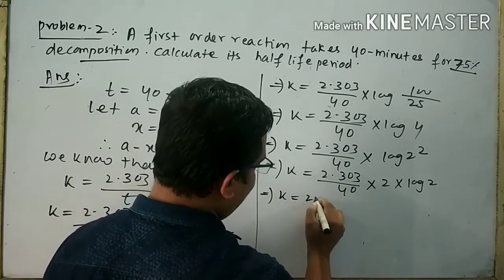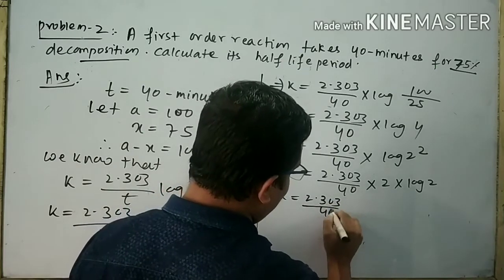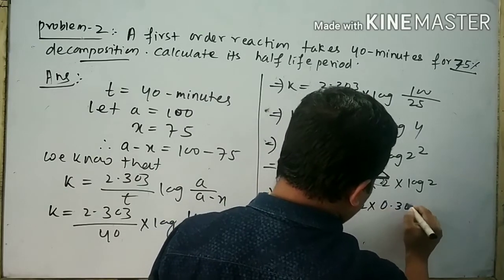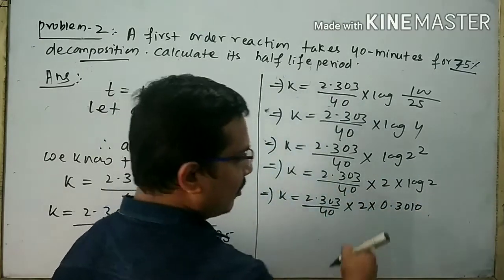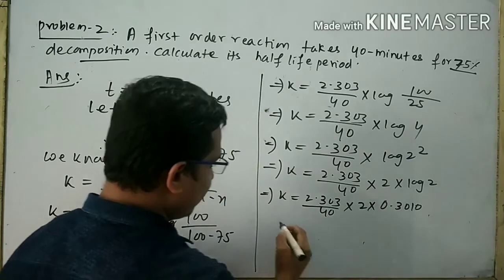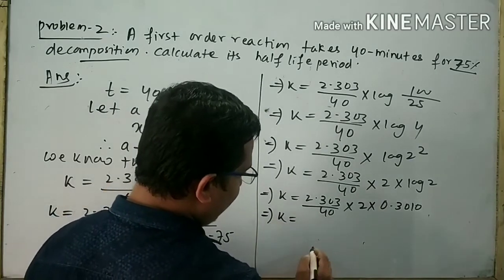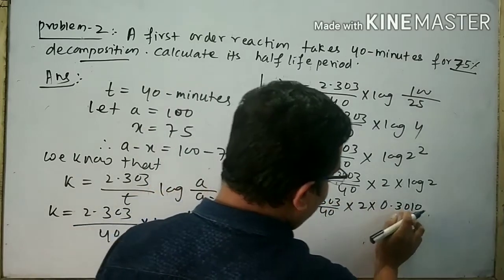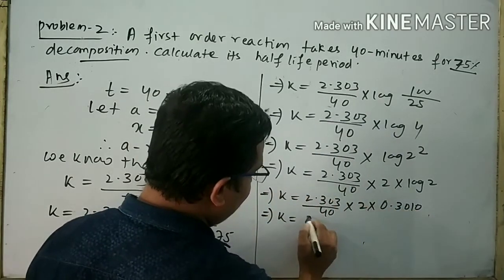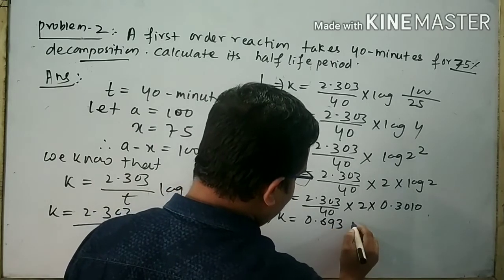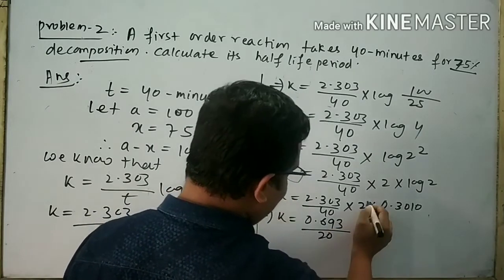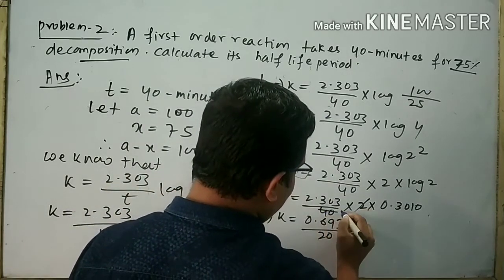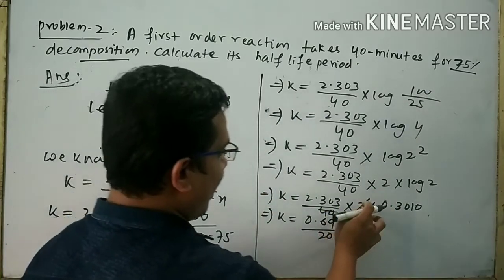This implies K is equal to 2.303 divided by 40 into 2 into 0.3010, because the value of log 2 is 0.3010. This implies K is equal to 2.303 into 0.3010 is equal to 0.693 divided by 20, because we can cancel the 40 into 20 by 2.